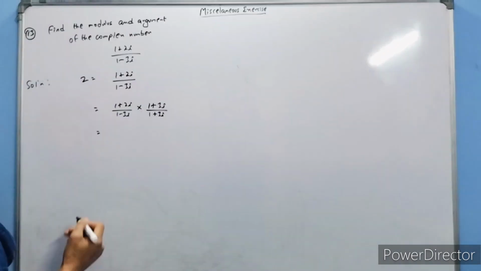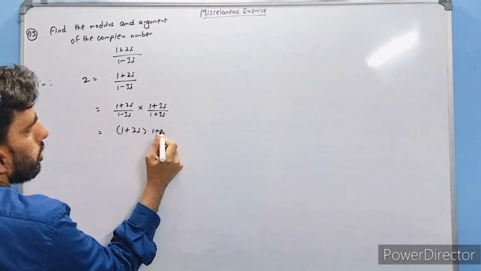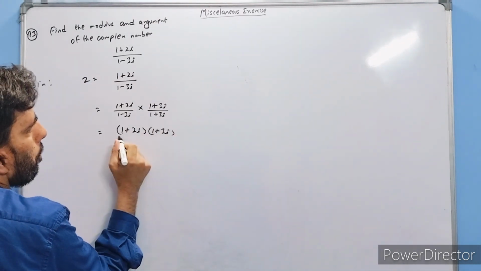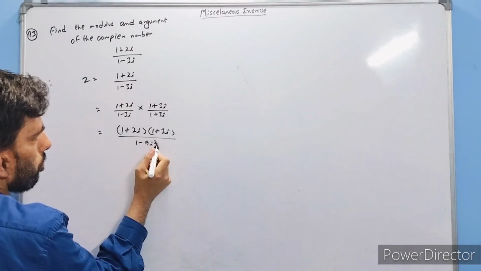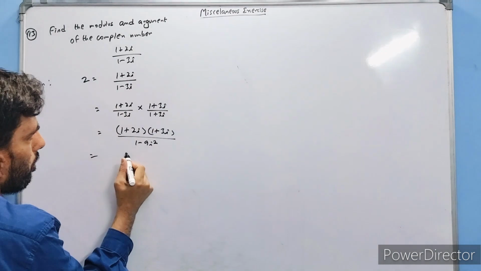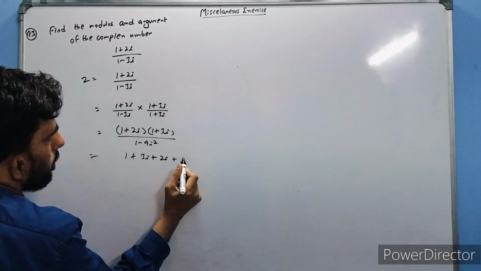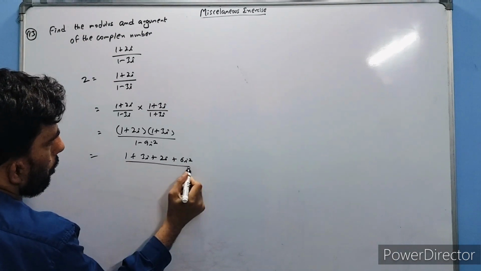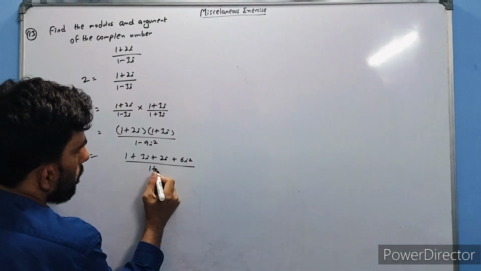So that is a plus b into a minus b, so 1 plus 2i into 1 plus 3i upon a square minus b square, that is 1 minus 9i square. So you can multiply inside: 1 plus 3i plus 2i plus 6i square upon, minus i square will be minus 1, so it will be 1 plus 9.